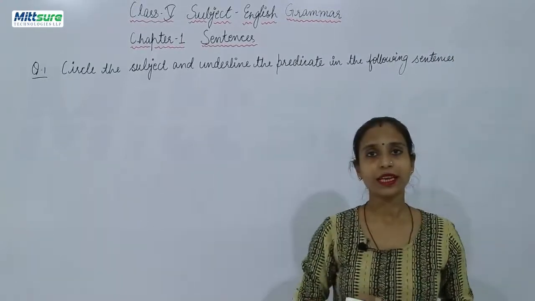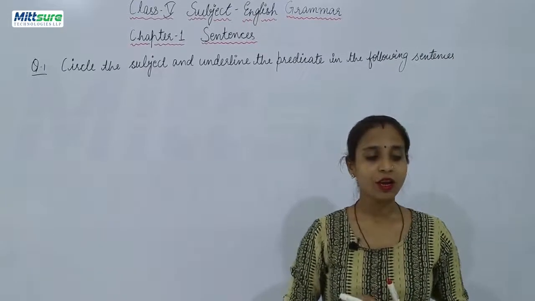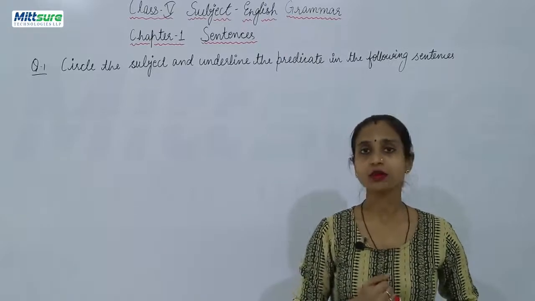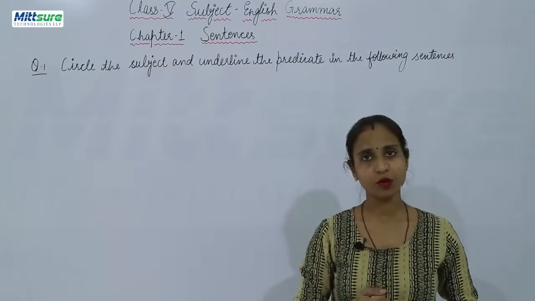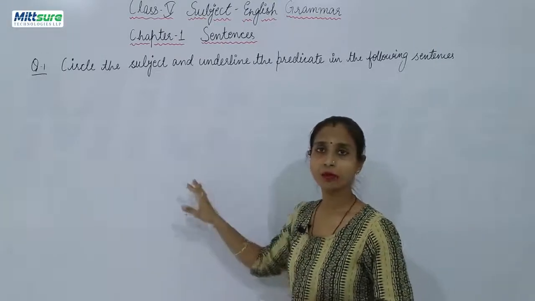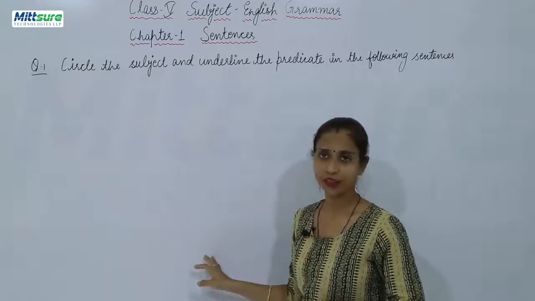In your book, exercises are given starting on page number 10. So take out page number 10 of your book. Here in front of you on the board, I am going to solve the exercises for you.